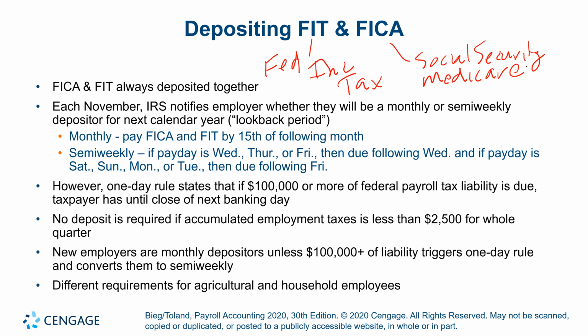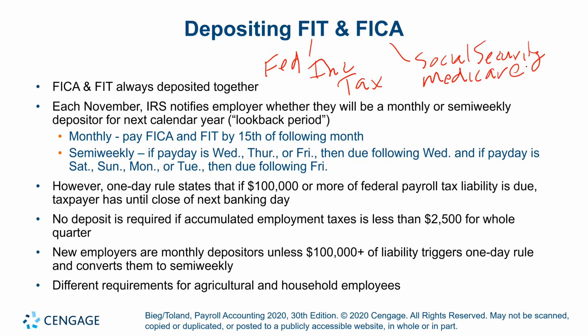And if accumulated employment taxes are less than 2,500 for the whole year, they only have to pay once a year. If the payments are less than 2,500 in the quarter, then they would just have to pay at the end of the quarter when they file the 941.